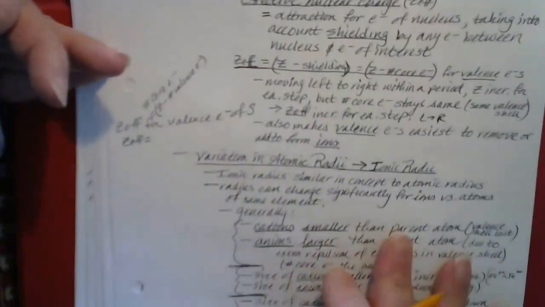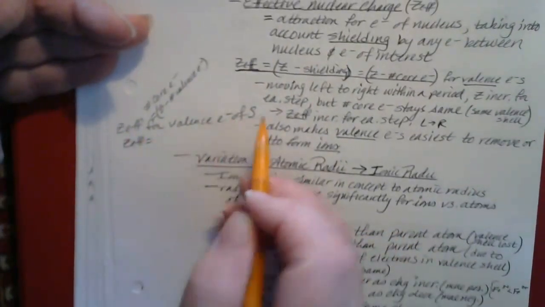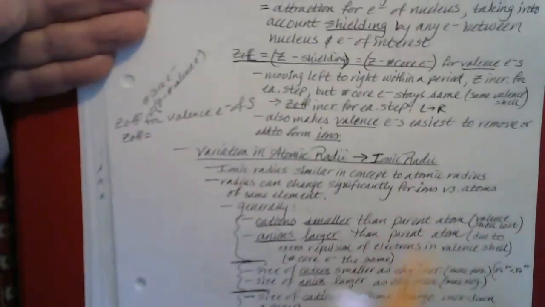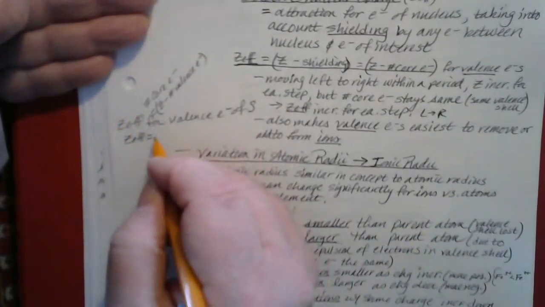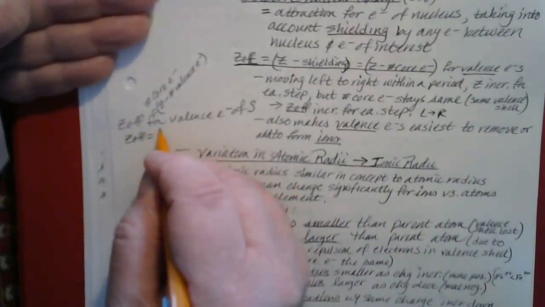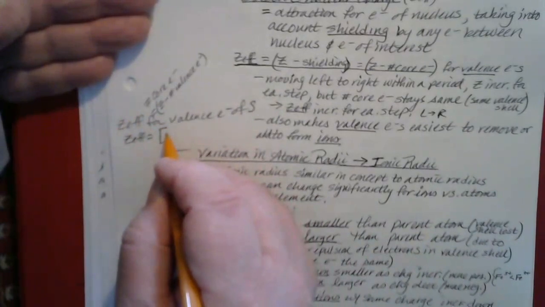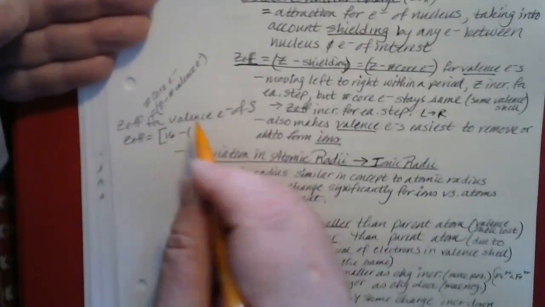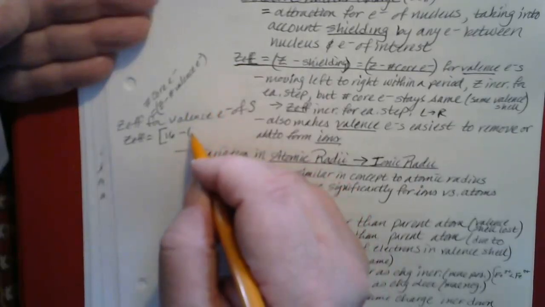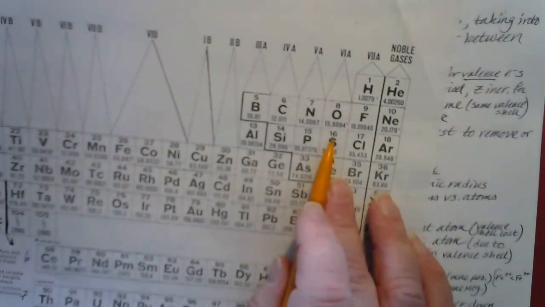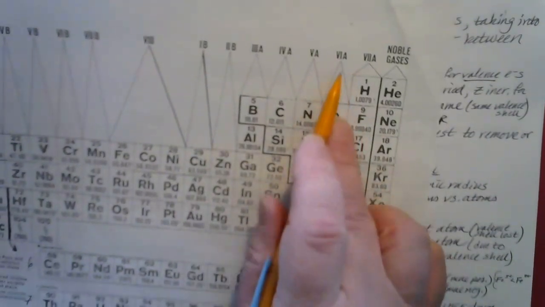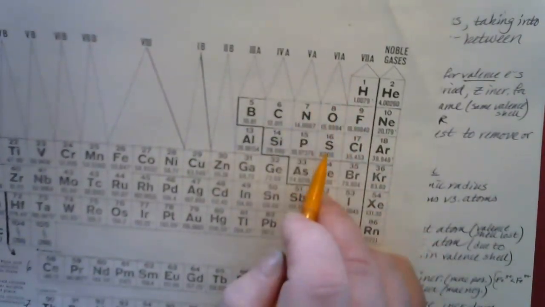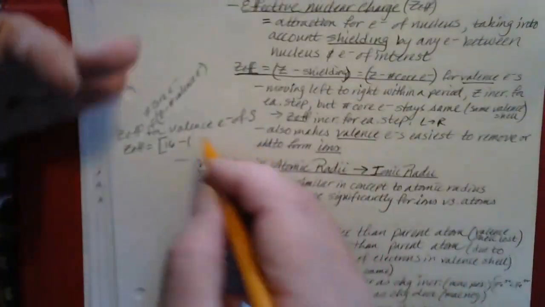So if you're looking for the effective nuclear charge for a valence electron of sulfur, let's actually work this out. That's going to be Z, which is 16, minus the number of core electrons, which is going to be the total number of electrons, which is 16, minus the valence electrons. Sulfur is in group 6A, so it has 6 valence electrons.